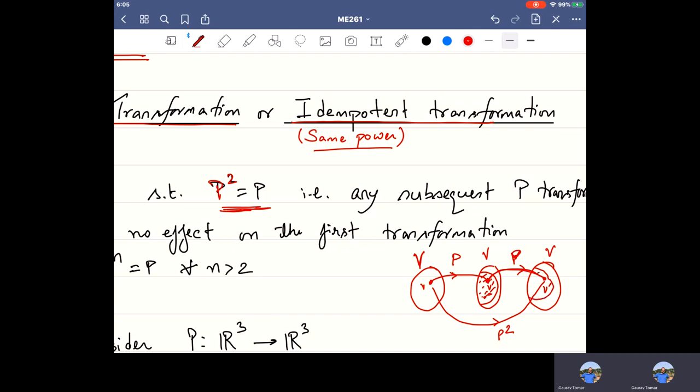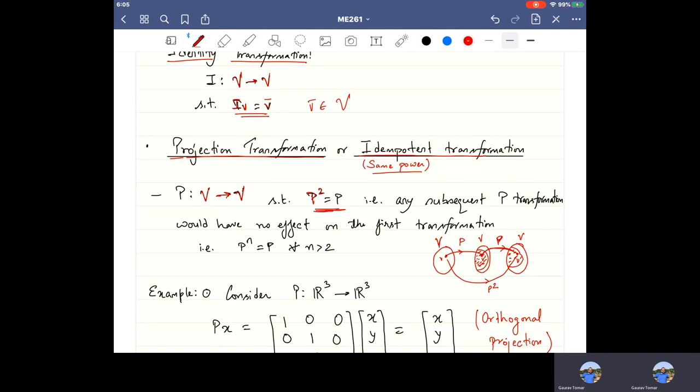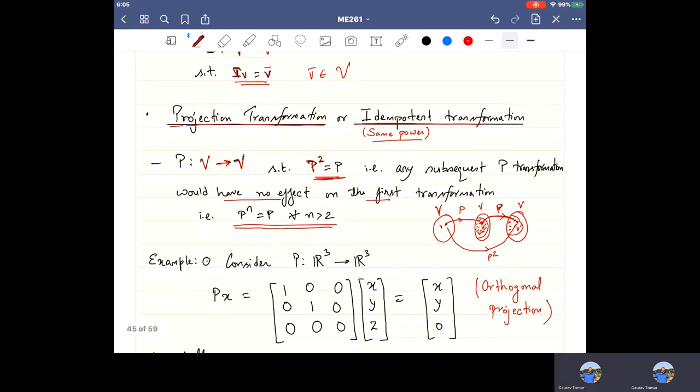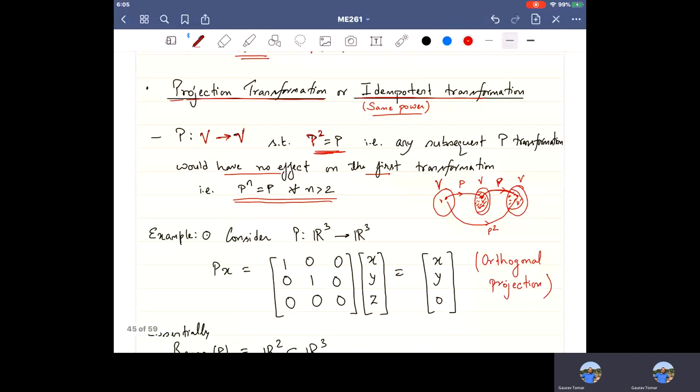That means it's going to be like an identity transformation beyond a point, for this subset of V. If you do it twice or n times, it will have no effect, so it maintains its power. So P to the power n is the same as P for every n greater than or equal to 2.